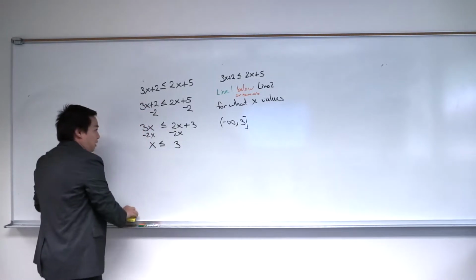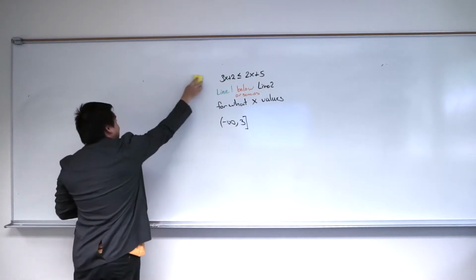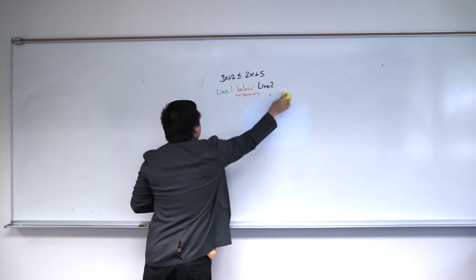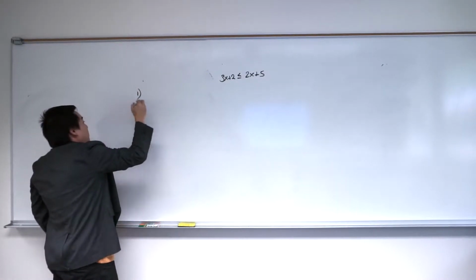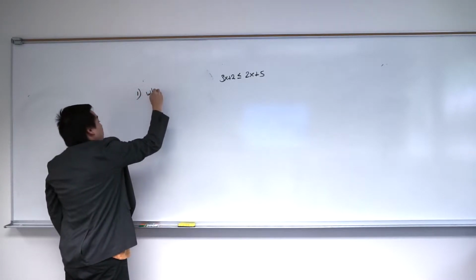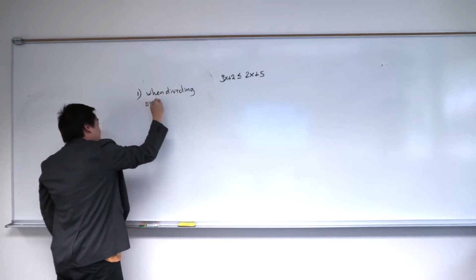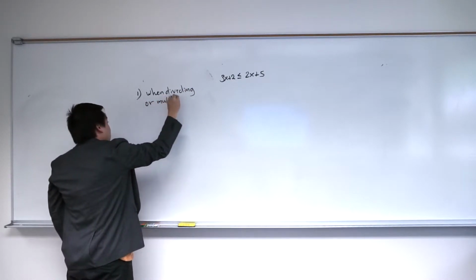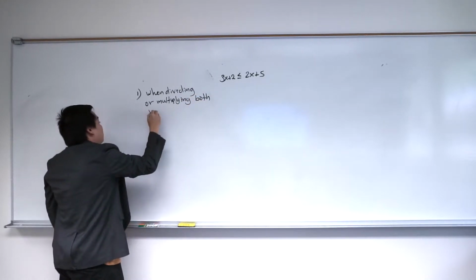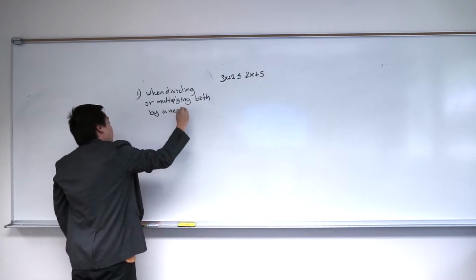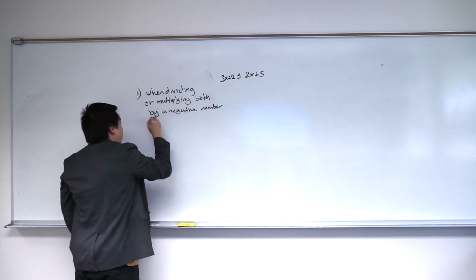Now, before we finish off, the last thing to know when solving inequalities is 2 rules. The first one is: when dividing or multiplying both sides by a negative number, flip the inequality.